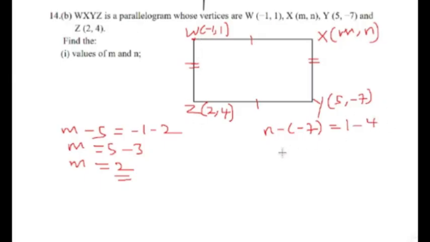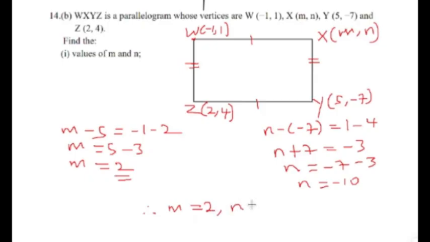So basically N plus 7 is equal to minus 3. So N is equal to minus 7 minus 3. So N is equal to negative 10. Therefore, M is equal to 2, N is equal to minus 10. Okay, that's great.